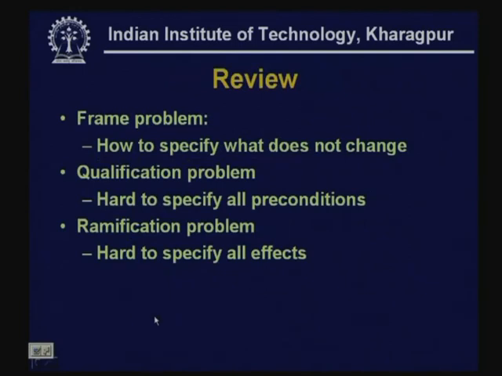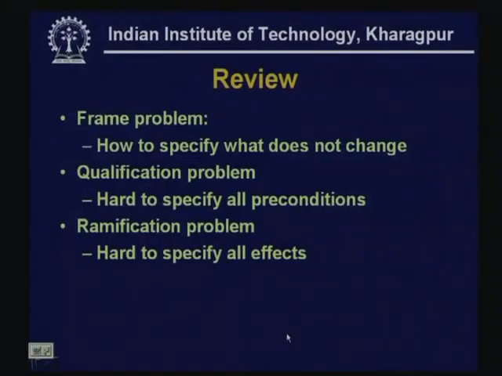Now, before we move on to the next topic, mainly partial order planning, we would like to do a brief review of some of the characteristics of planning problems that we discussed in the earlier class. So, please recollect that we talked about the frame problem.